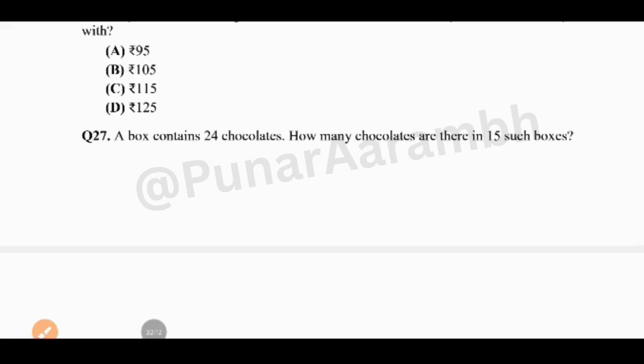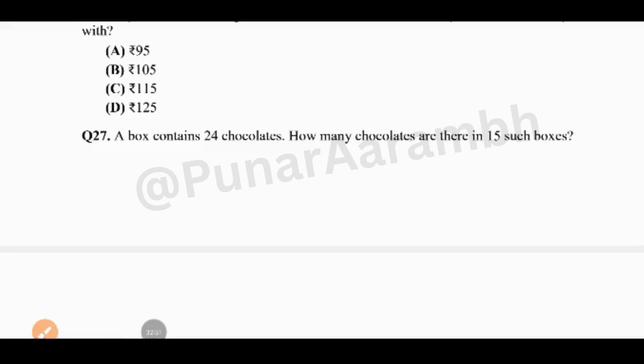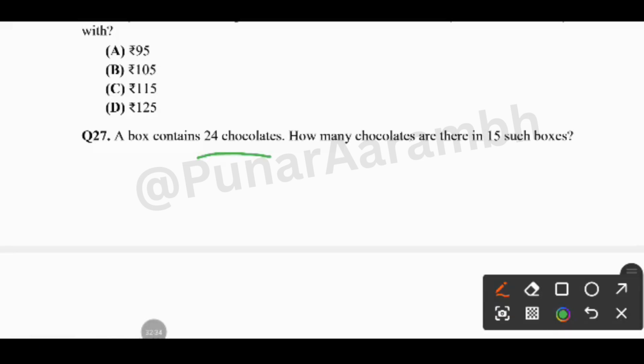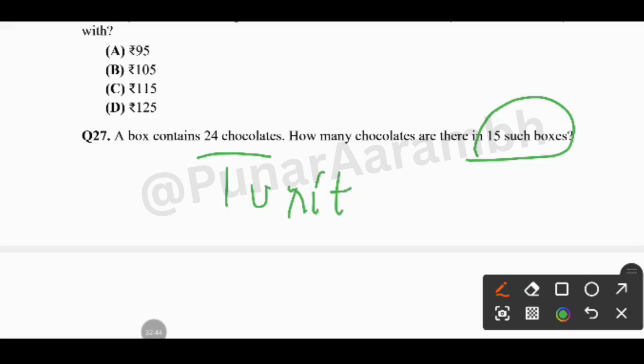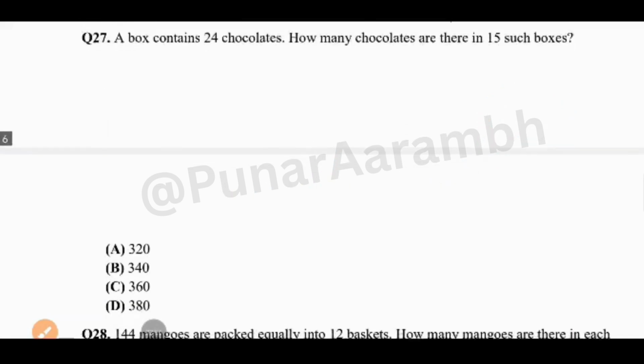As I told you earlier, if the price of 1 unit is told and you need to tell the price of 15 such boxes or any n number of such boxes, you will do multiplication. So you do this multiplication by yourself.